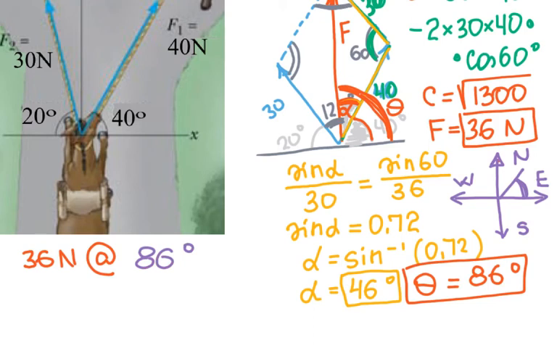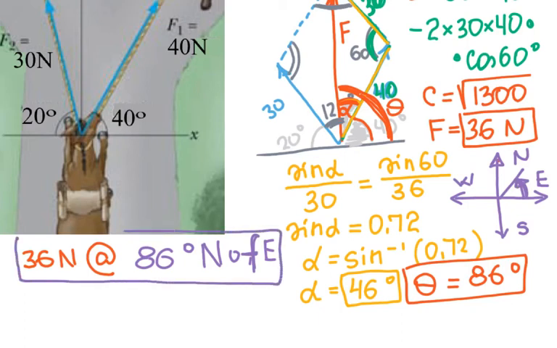So it is written as north of east. You move north from east 86 degrees. So the mule is going to be pulled from its course in that direction, at 86 degrees north of east, with a force of 36 newtons as a resultant force.